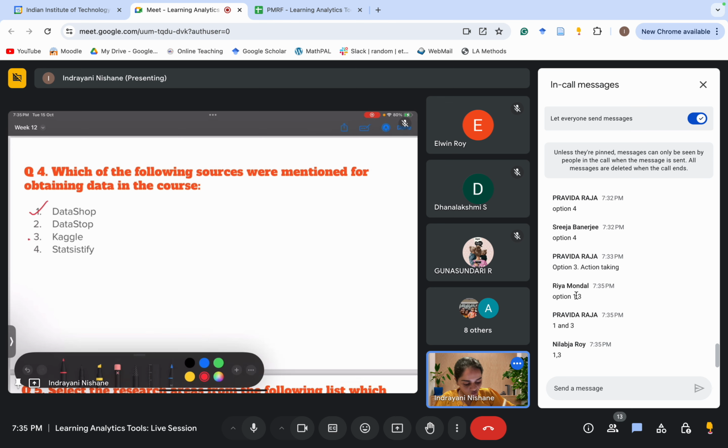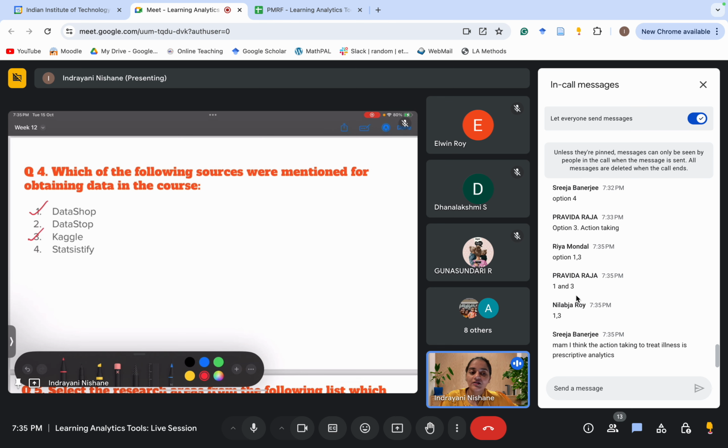These are the two websites which will help us in getting data. If you want to implement all the things we have gone through in this course, on some demo data, then you can go to DataShop or Kaggle and try implementing what you have learned in this course.